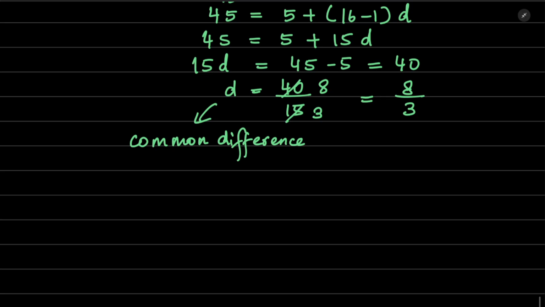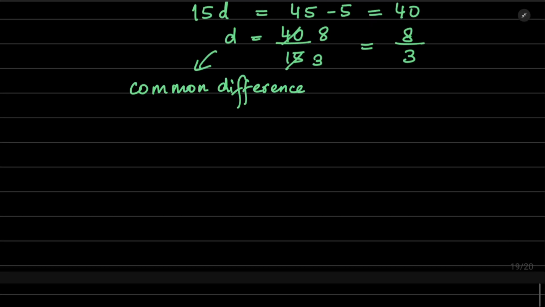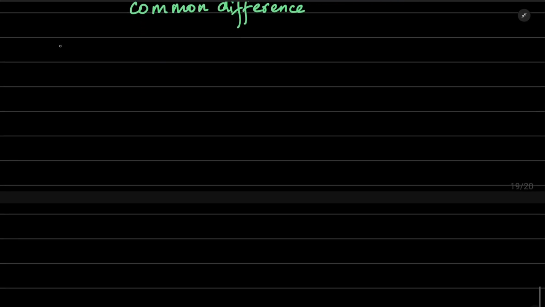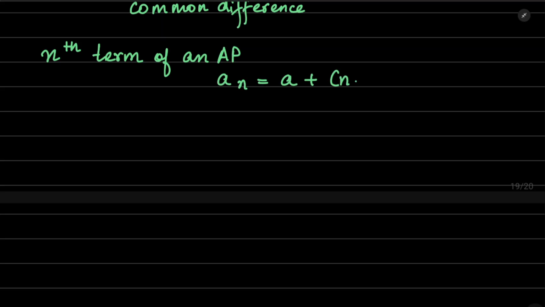Let me just quickly write it here for you. The important formulas: the first one is the nth term. The nth term of an arithmetic progression is nothing but an equal to a plus n minus 1 into d.